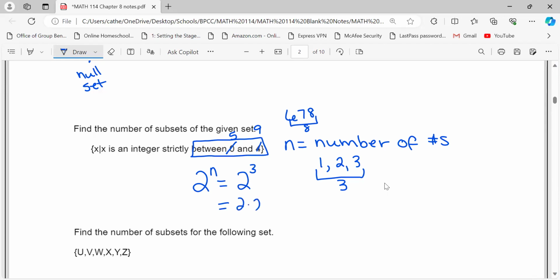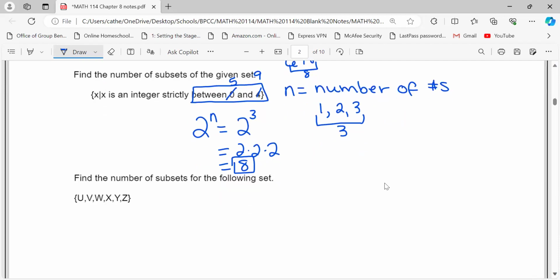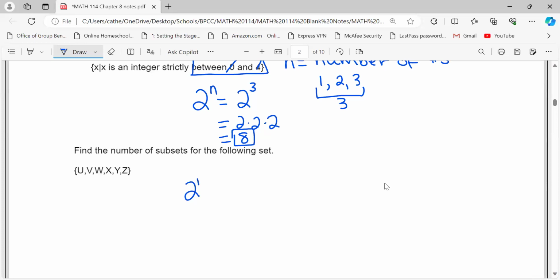Okay, so we have 2 times 2 times 2. And you can put 2 to the third in your calculator. So that's going to be 8 subsets. All right, same thing here, 2 to the n. And we have 1, 2, 3, 4, 5, 6. So we're going to have 2 to the 6th power. Again, just put that in a calculator.